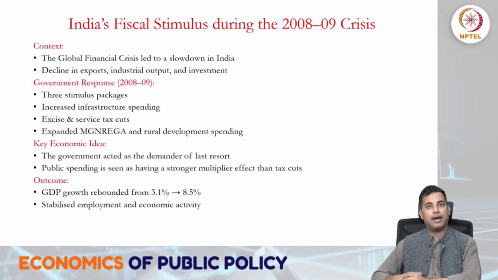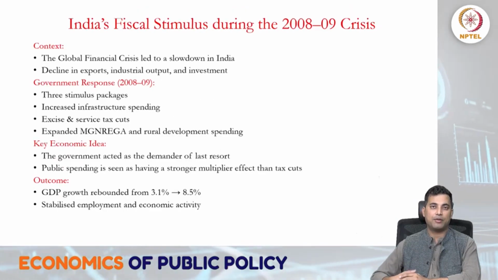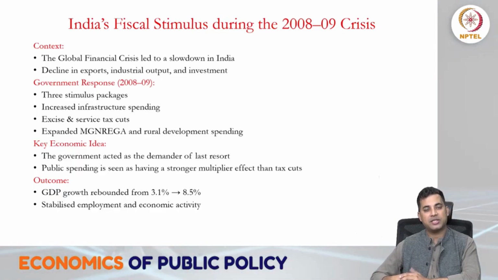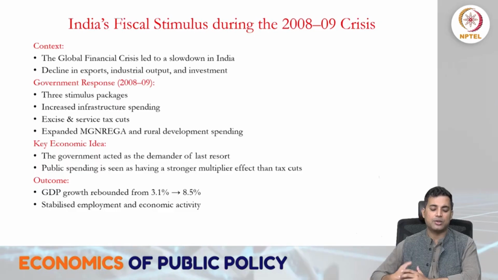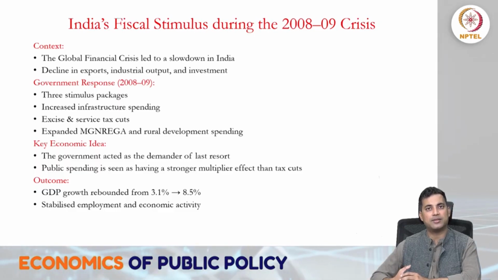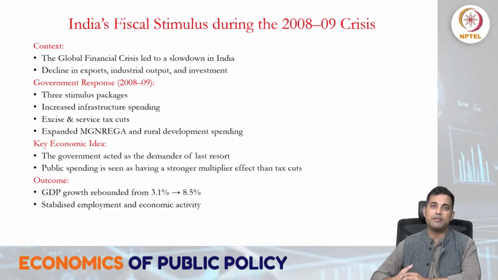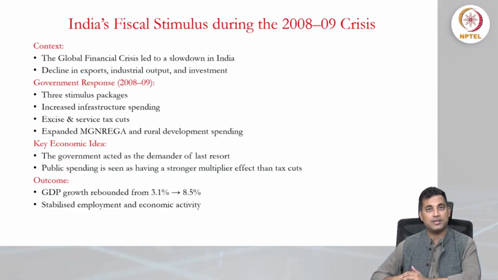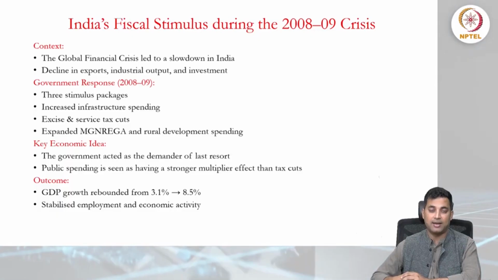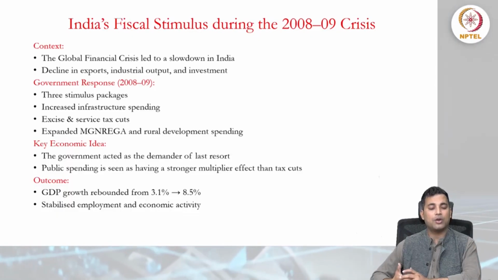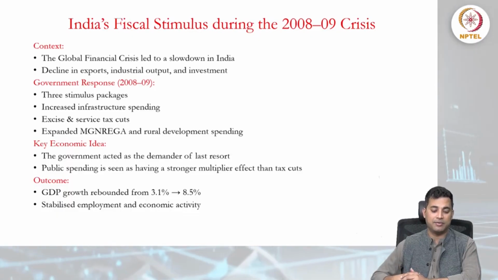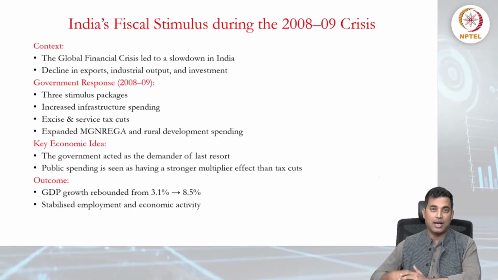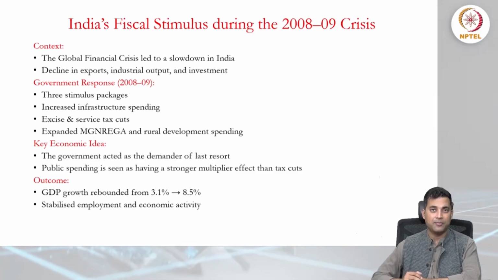Now, as we had given the example of policy responses during the global financial crisis, especially in the case of the United States, let us also see what fiscal stimulus took place during the 2007-2008 financial crisis in India. The global financial crisis also slowed down India's economy.